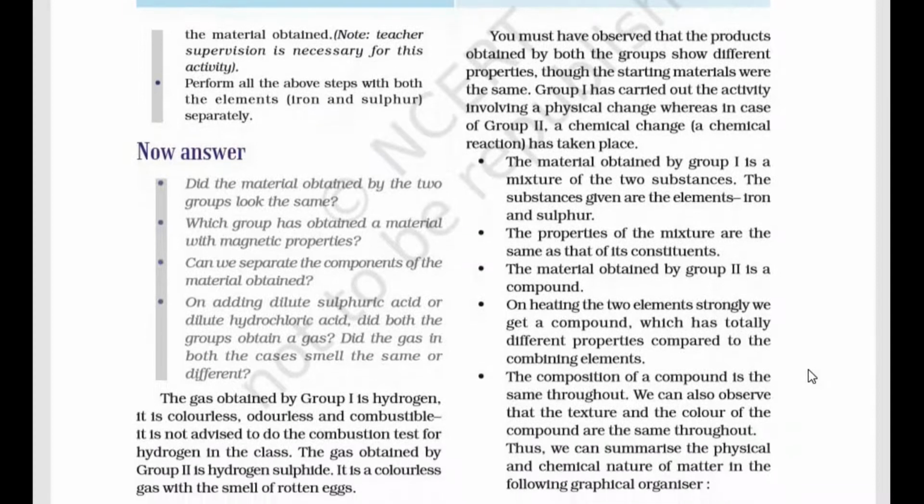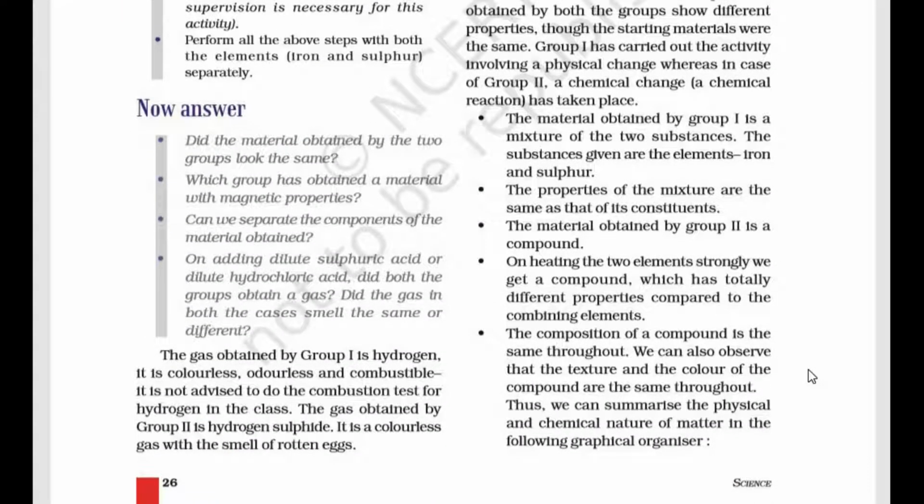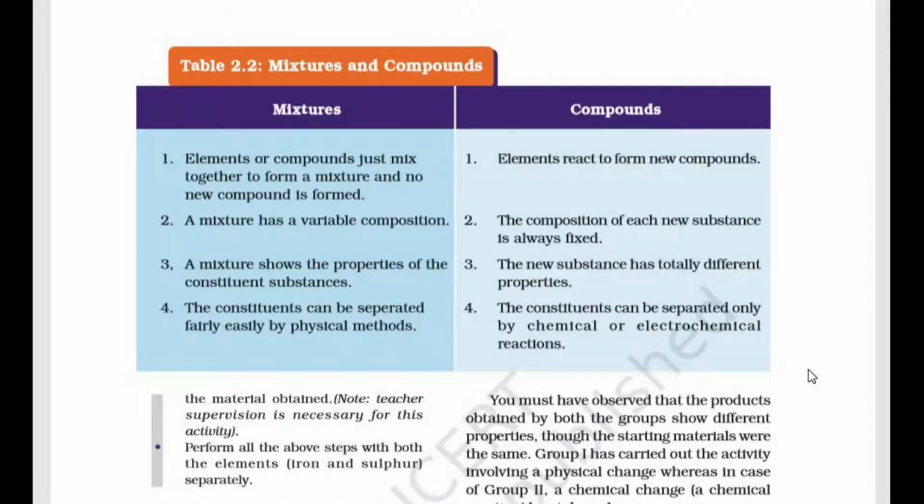So it is all written in this paragraph: for group 1, we got a mixture of two substances, so the properties of the mixture will be the same as those of the constituents, since the proportion is not fixed. But the material obtained by group 2 will be a compound, since it has a fixed proportion of the two combining elements. Now we can easily differentiate between mixtures and compounds, right?